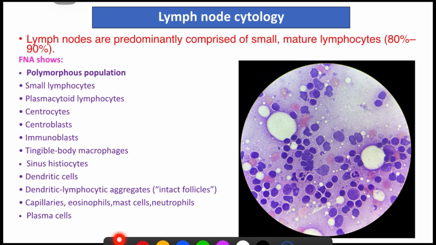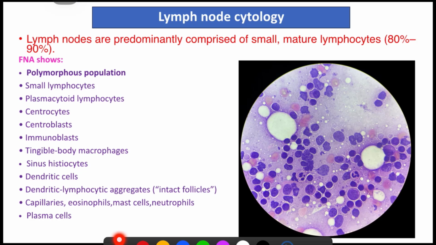So, basically lymph node cytology comprises different types of lymphocytes, right? So, small mature lymphocytes cover 80 to 90% of the total cell population of a lymph node, right?